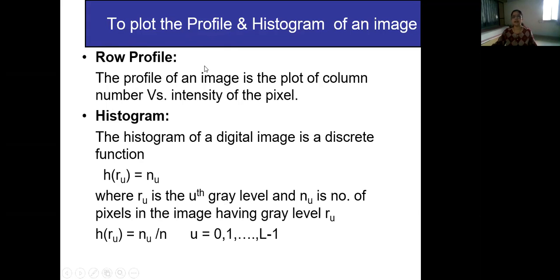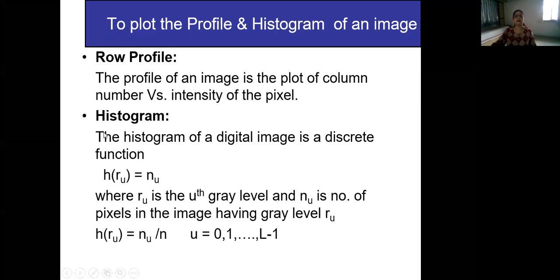Basically, it gives you detailed information of one particular row of an image. Similarly, column profile is nothing but plot of row number versus intensity of the pixels in that particular column. So this is very simple.